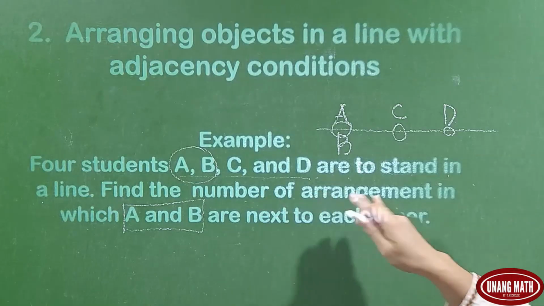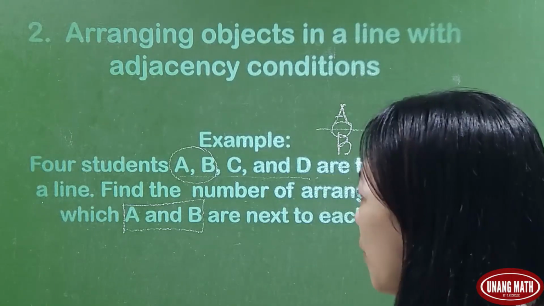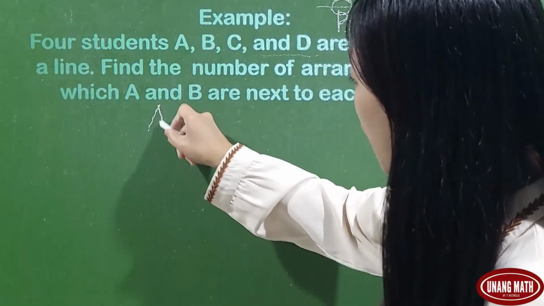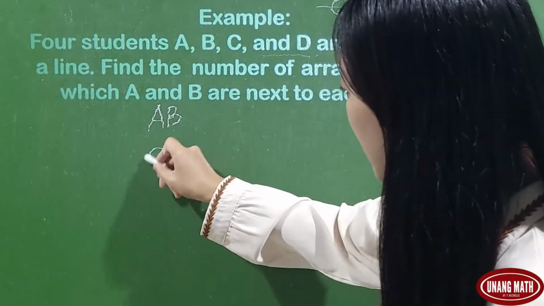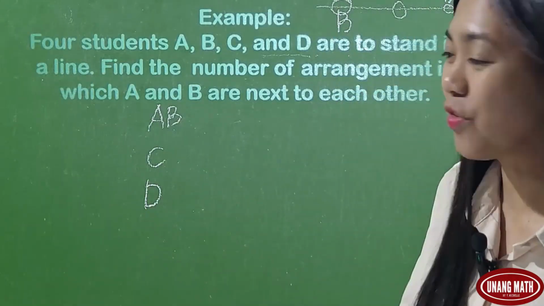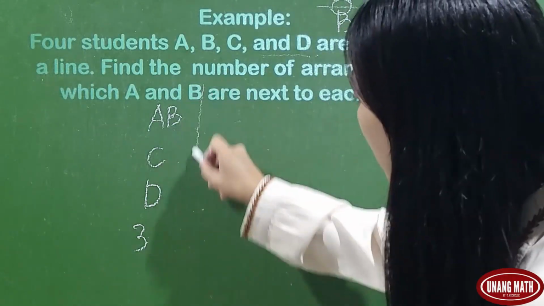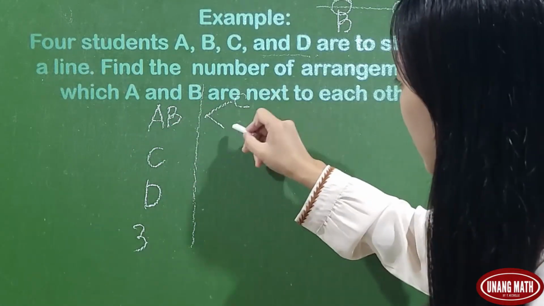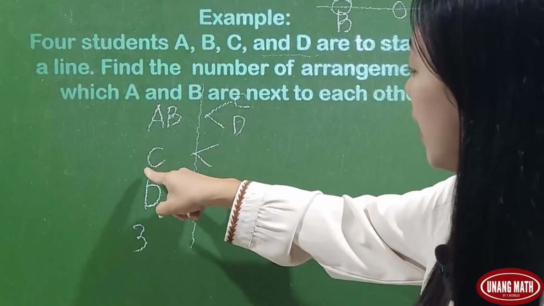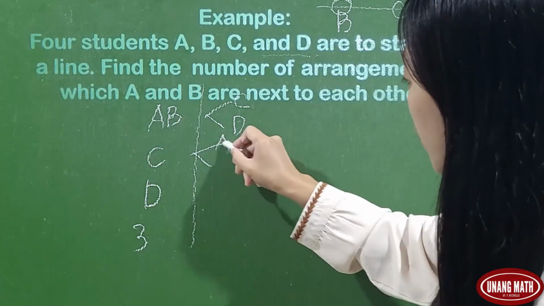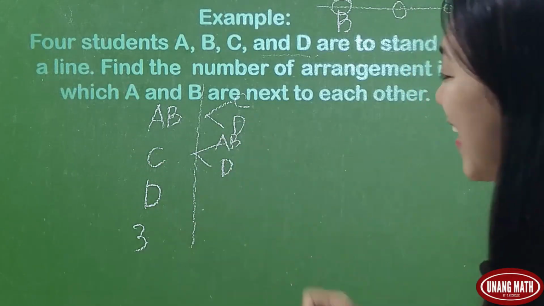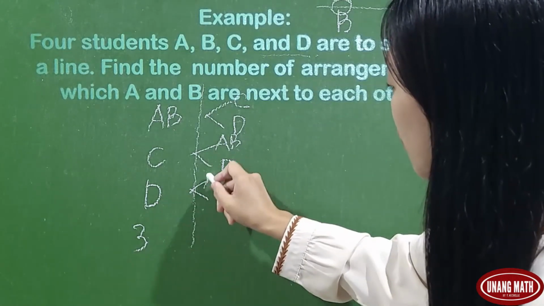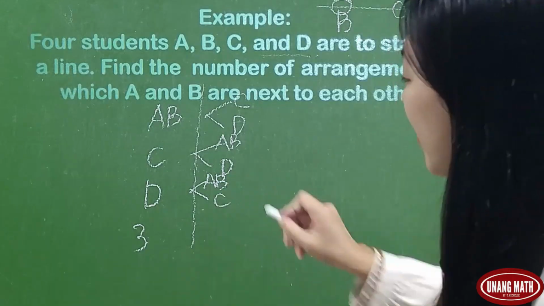To find the number of arrangements in which A and B are next to each other, in our first column, it can be AB, C, or D. So we have here three outcomes. What about in our second column? If AB is in the first, then C or D is in the second. C is in the first column, so it can be AB or D in the second one. D is in the first column, so here is AB or C.